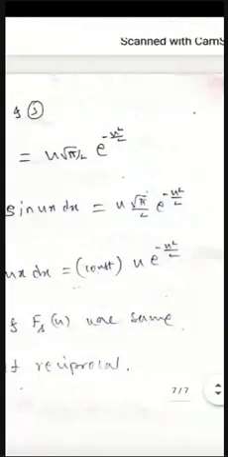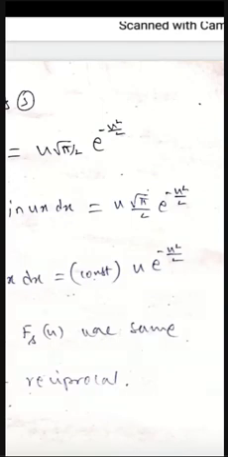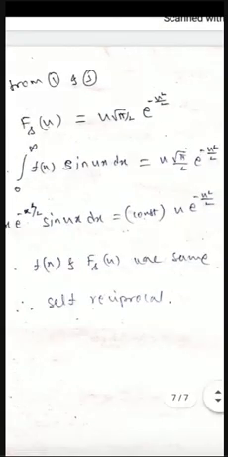Fs of u is nothing but the Fourier sine transform of f of x sine ux dx, equal to u root of pi by 2. There is a mistake here: it is not root pi by 2, it is root of pi by 2. Make it correct. So u into root of pi by 2 is a constant, so I can write constant into u e power minus u square by 2.